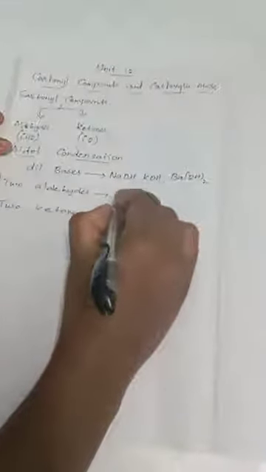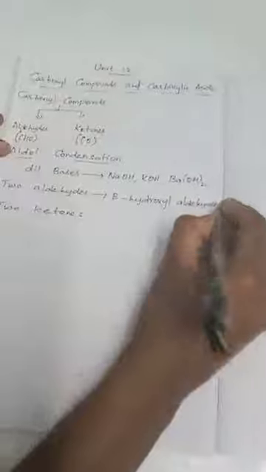For example, when we use two aldehydes as starting material to carry out aldol condensation, our product is beta hydroxy aldehyde, or this is also called an aldol, right?